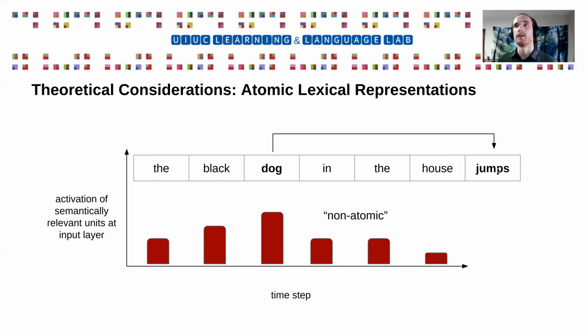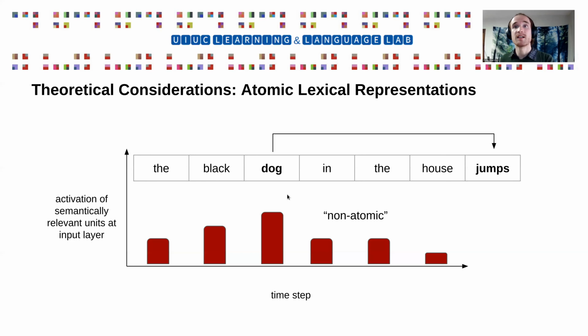So the word jumps, which is diagnostic, is now not being predicted solely by the word dog, but is sort of helped by neighboring words. And I would say this is maladaptive for the purpose of modeling DECAF, where we're interested in learning word-level phenomena and helping children map words onto semantic features, right?